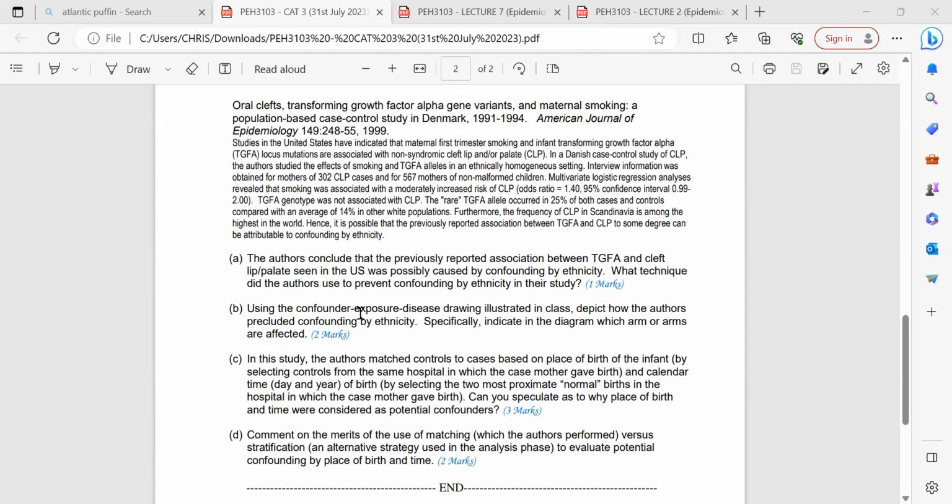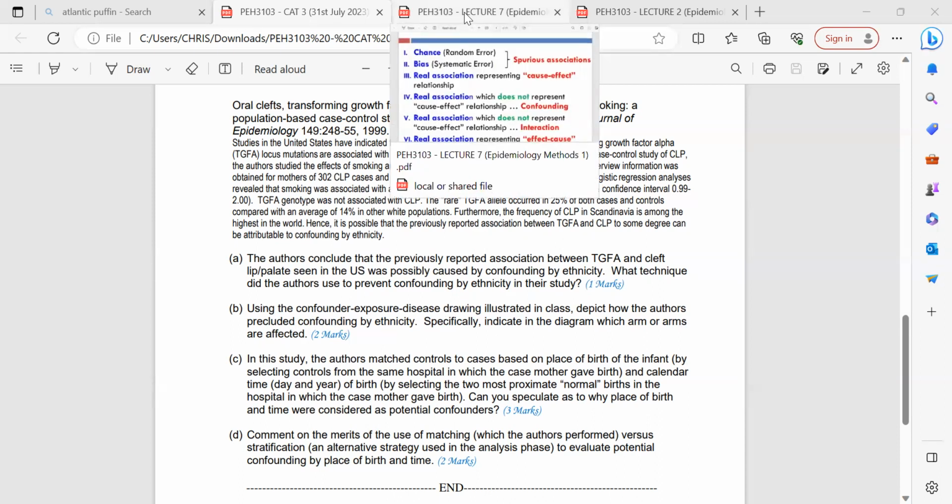So how do we draw this? We have an exposure, then disease down there, then the confounder in the middle.